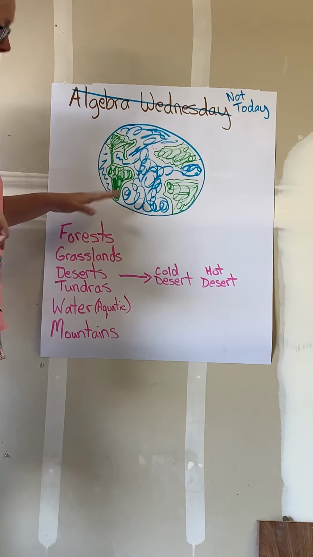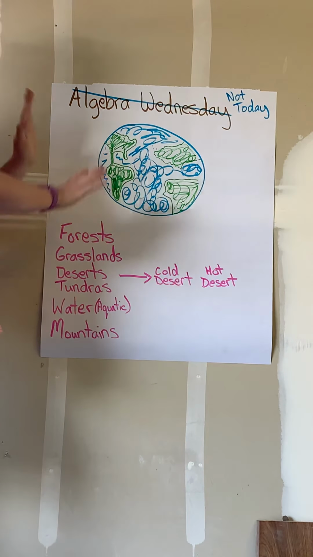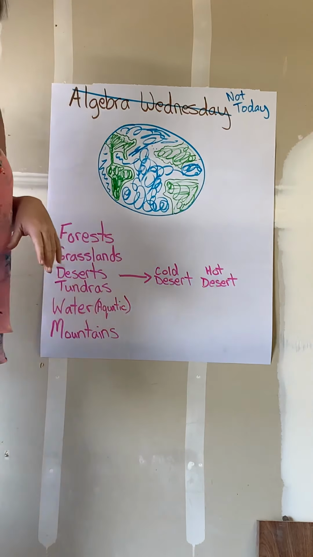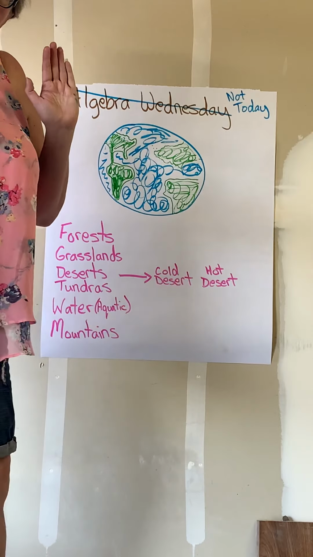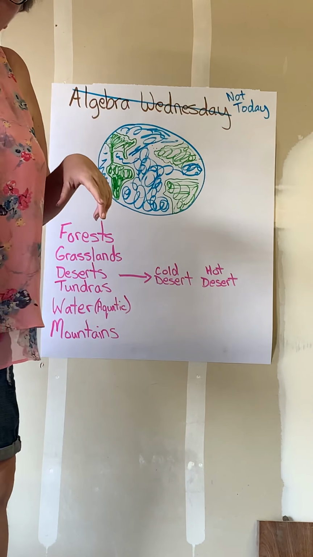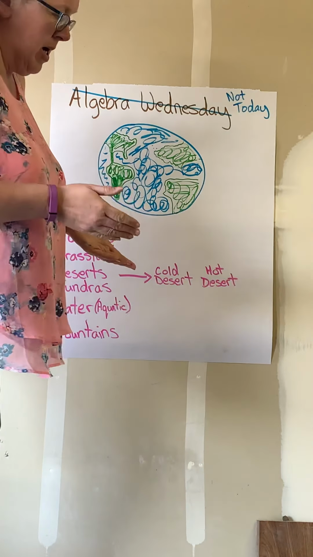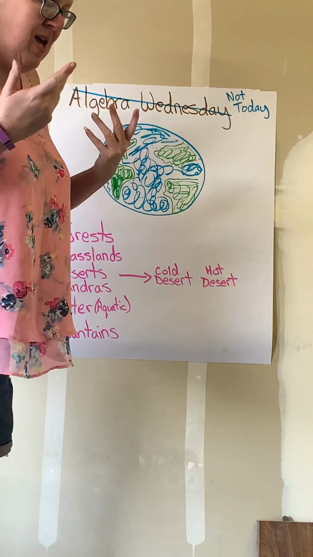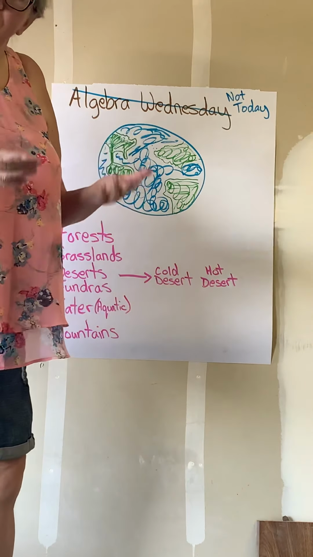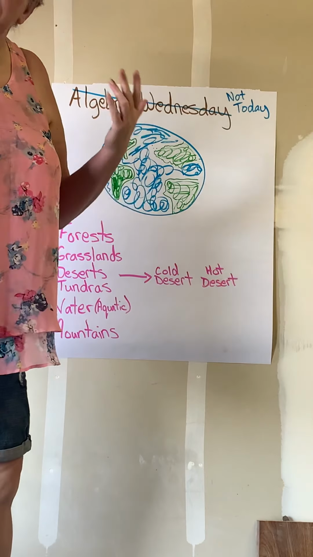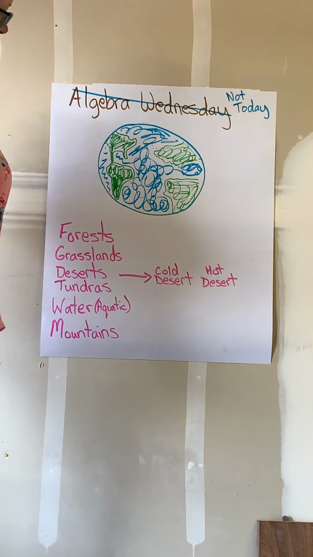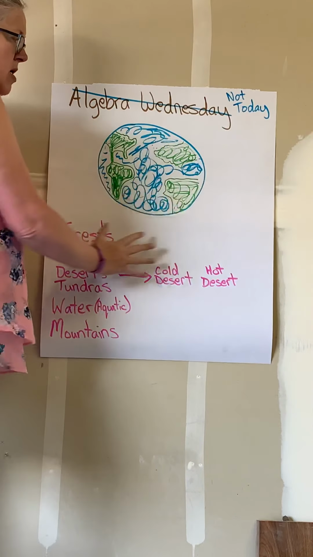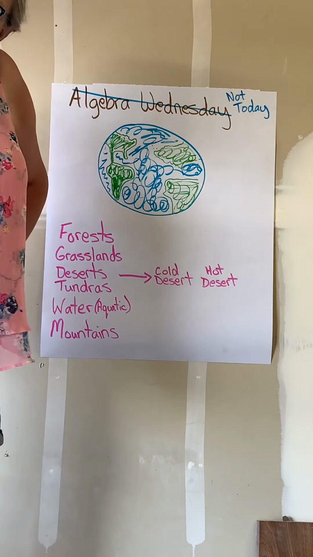This Miss Burke drew, and it's supposed to be Earth. Did you know that when people or astronauts went into outer space, they look back and they call Earth the big blue marble? Why do you suppose Earth is called the big blue marble?